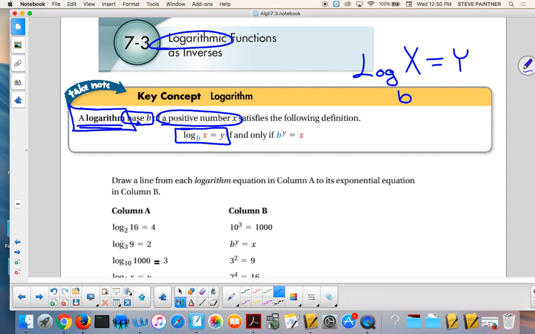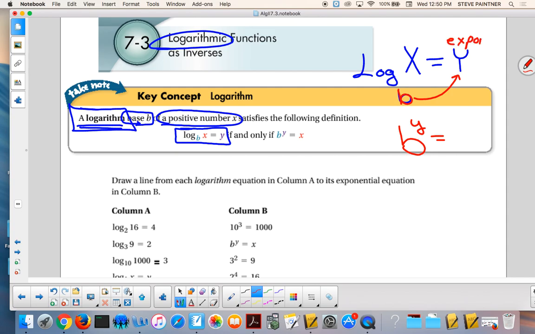Okay. Now, if your eyes are up here right now, you will learn this. Get your eyes up. Okay, here's what it is. You have to look at every log problem and go like this. This number down here, b, is the base. What you do with the base is you raise it to the y power. So the answer to a log problem is an exponent.